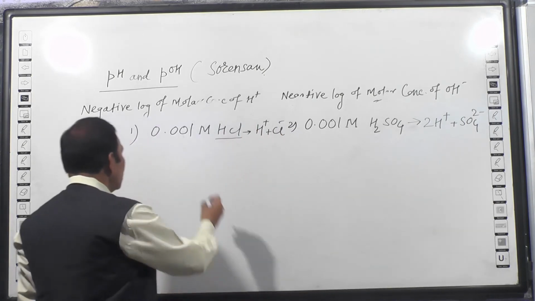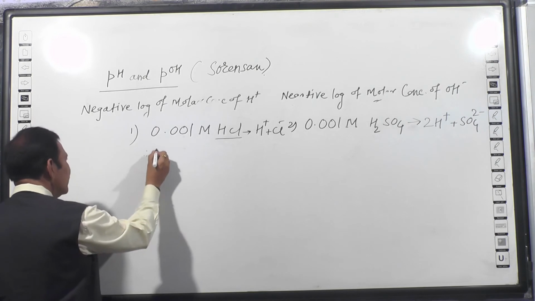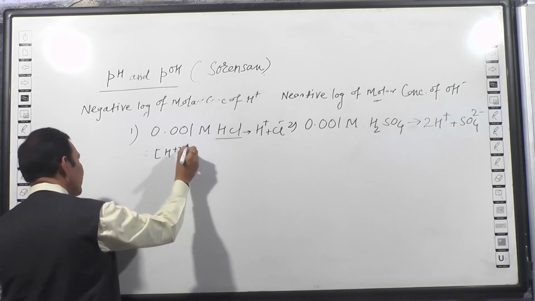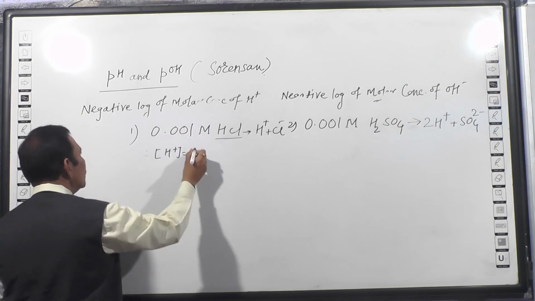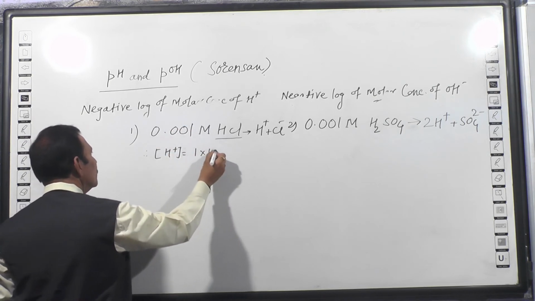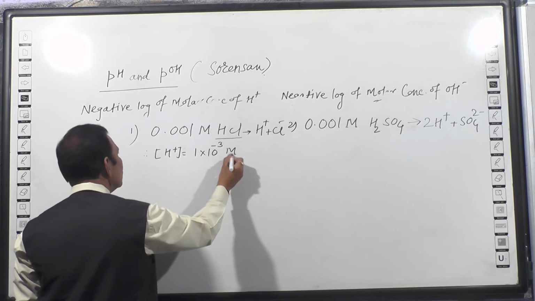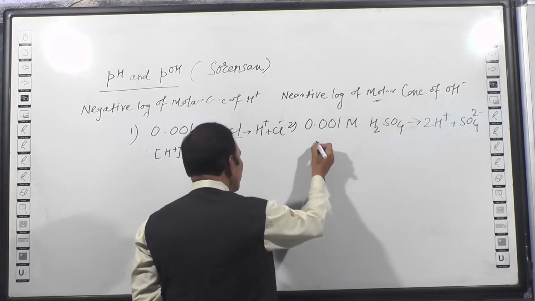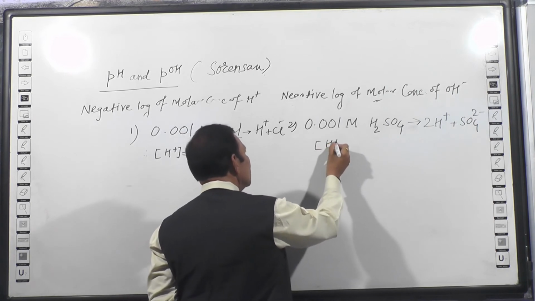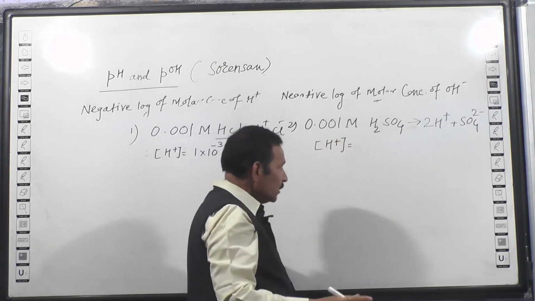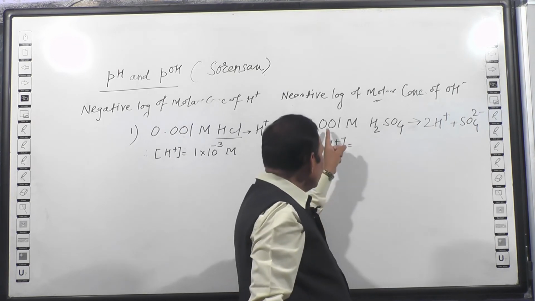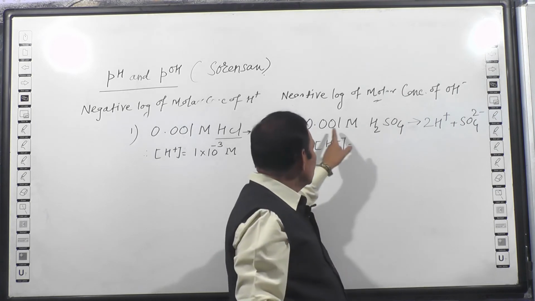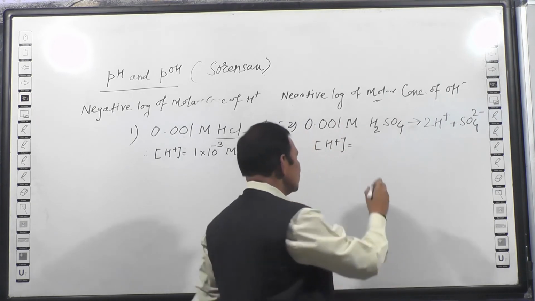Now, from this, what is the concentration of H plus? The concentration of H plus is the same as that of the acid. 0.001 can be written as 1 into 10 to the power minus 3 molar. And here, what is the concentration of H plus ions? If one molecule gives 2 H plus ions, then 0.001 mole of H2SO4 will give double the concentration of H plus ions.